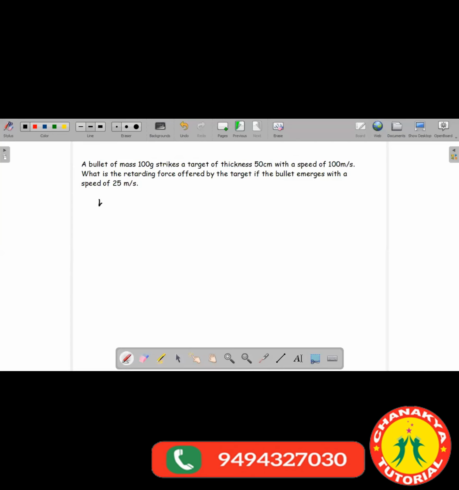So say the formula to be used. First, we will be using work done equal to 1 by 2 mv squared minus 1 by 2 mu squared. Then after this, we'll be using work done equal to force multiplied by displacement.